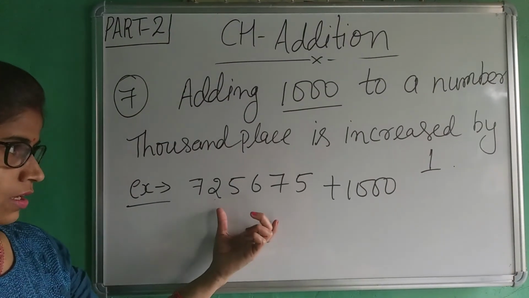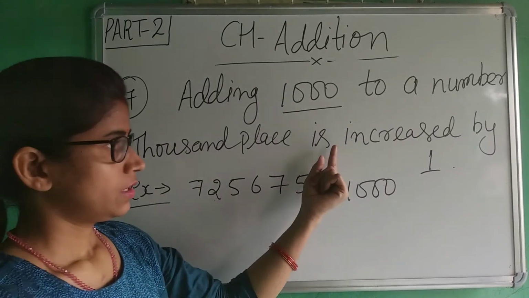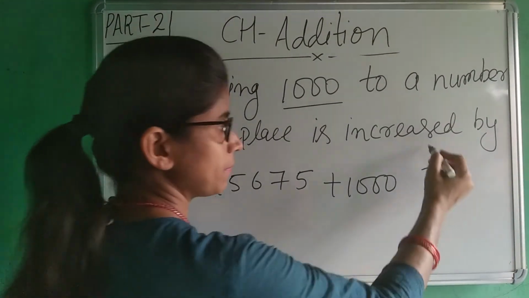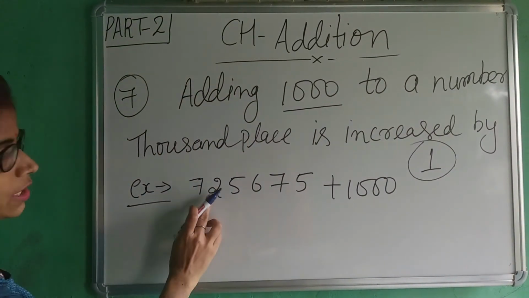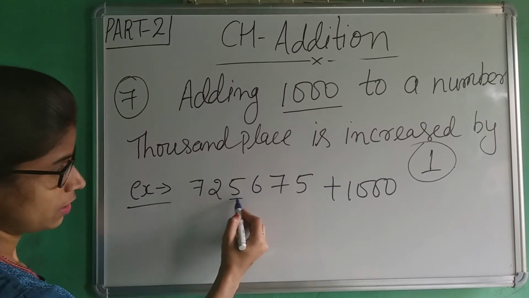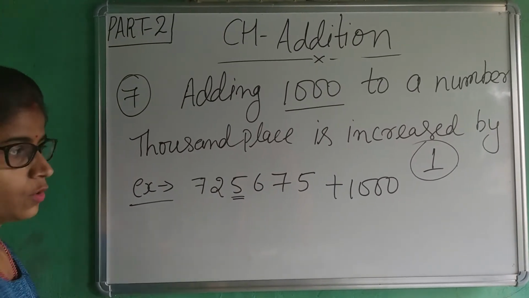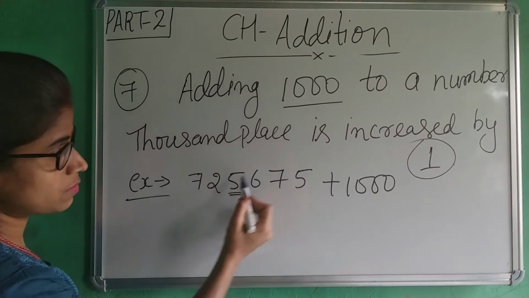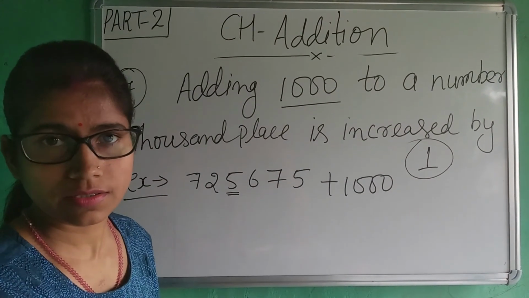Okay? What will happen? The thousands place is increased by 1. So let's check your thousands place. Where is your thousands place? 1s, 10s, 100, 1000. Here is your thousands place. What will happen? According to the rule, your thousands place will increase, means 5 will become 6.